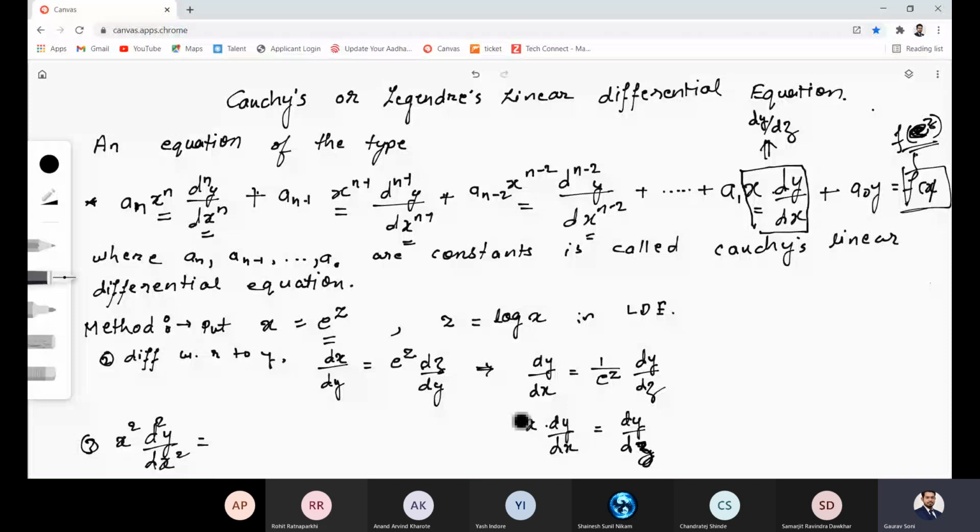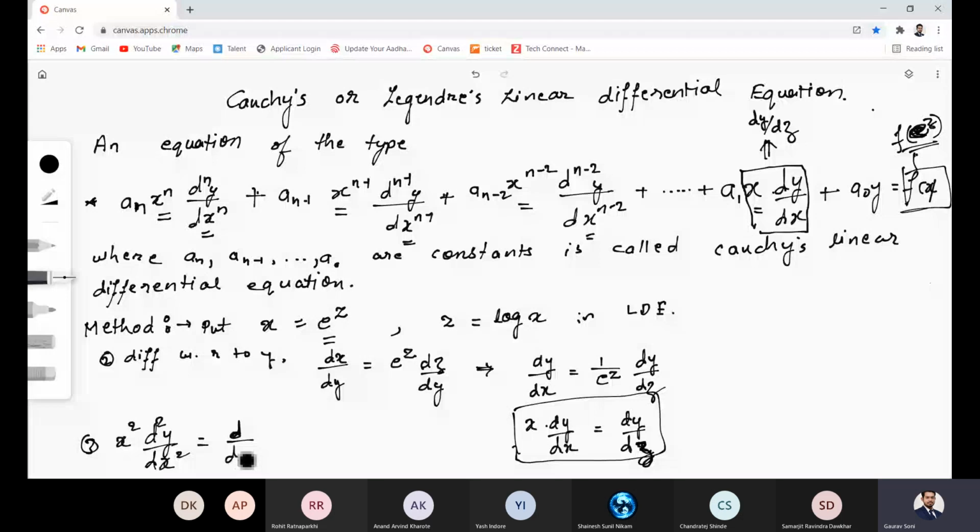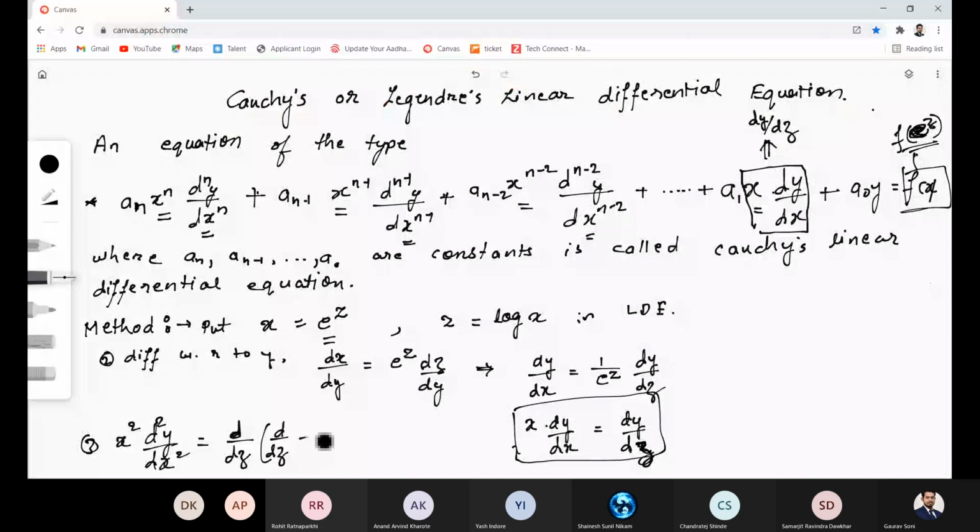Okay, and in that case, what we will get on the right hand side is d by dz, bracket d by dz minus 1 of y, which is, if you open the bracket, d2y by dz square minus dy by dz.